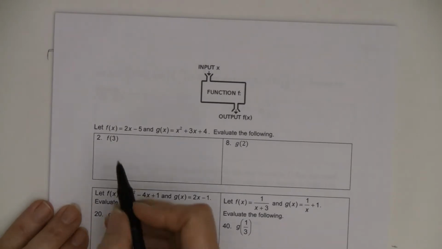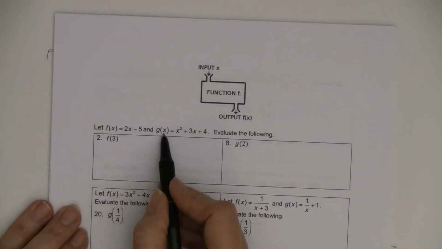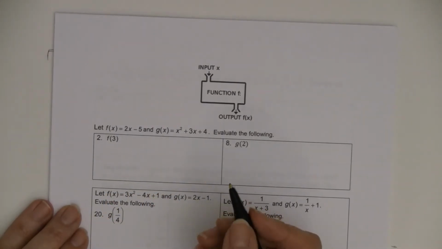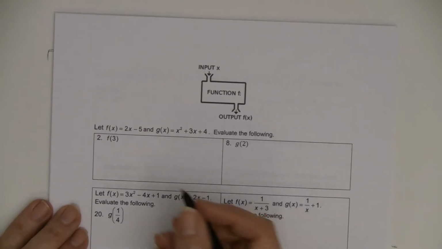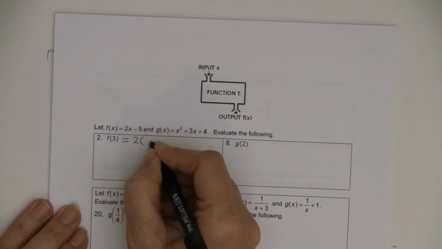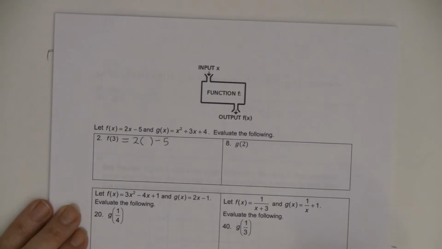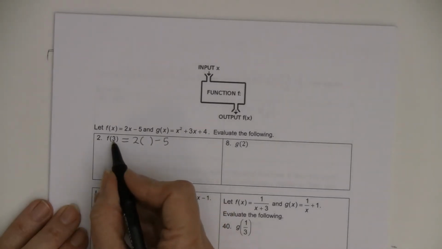And so number 2 says here, f at 3. So we have two functions, f and g. And we don't want to use the g function because this says to use the f function. And so we're going to replace in there 2 times x, I'm putting parentheses for x, minus 5. And what we're going to put inside those parentheses is the input they're saying we want to use, which is 3.